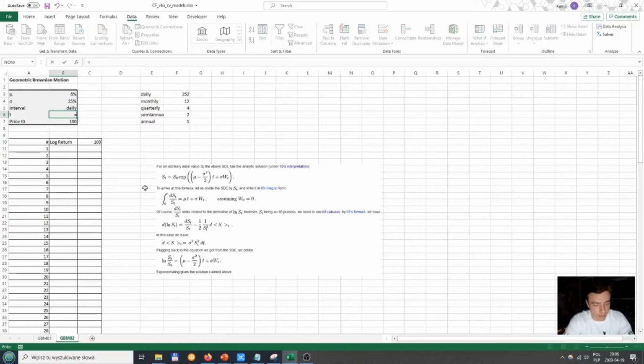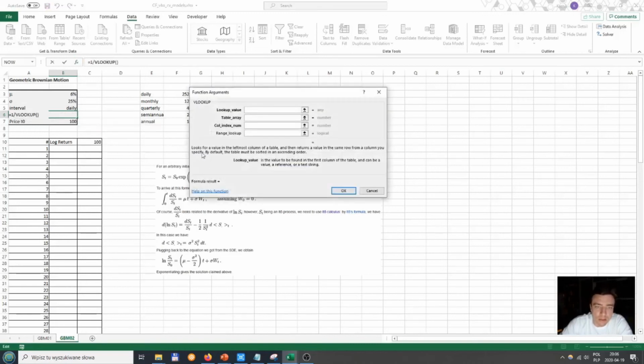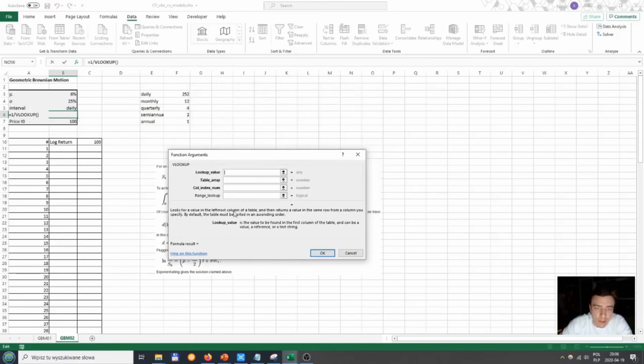So our t-index can be equal to 1 over the number of intervals, the number of subperiods in a whole year, based on the assumption above that the user chose. So if I have the number of days next to my list, I can use the VLOOKUP function, a function that will look up my value and then return a value in the same row, and in our case it would be the value from the second column.